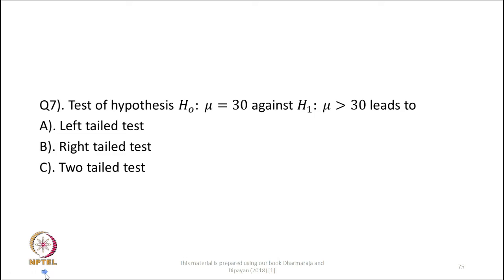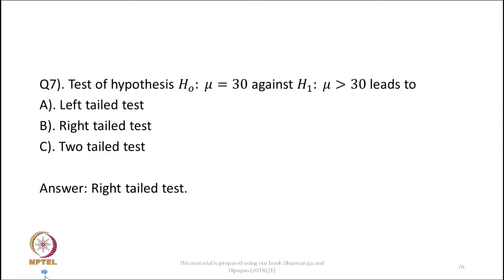Some books use one sided or two sided tests also. The correct answer is right tailed test, or right side test. The null hypothesis mu equal to 30 and alternate hypothesis mu greater than 30 leads to the right tailed test.